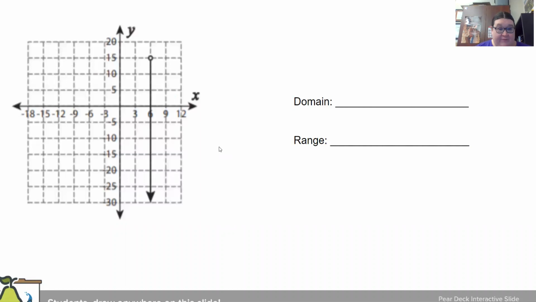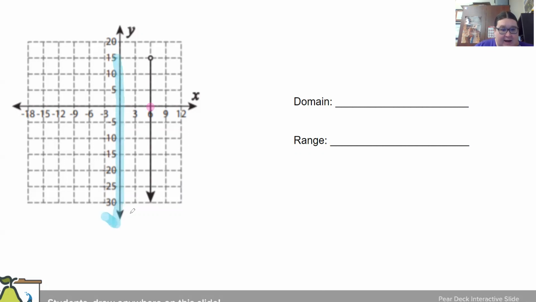Now, this one is different because if you're looking at the domain of this, it is only here at 6, and it does have this arrow, but it's going straight down. It's a vertical line. And so that's a little unique with the domain. So I'm going to come back to domain in a second. We'll do range first because range is a little bit normal. This one has a high point here at 15. It's an open circle, so we would not include the equal.